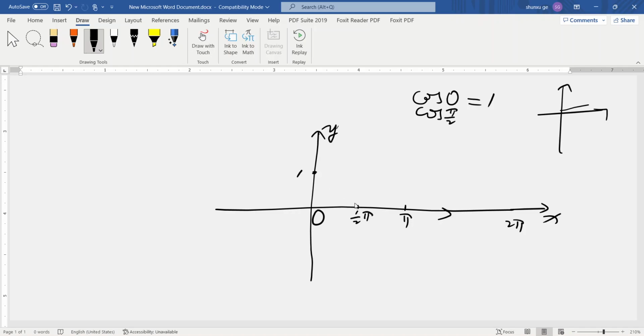Start from 1, but here is 0. And pi, cosine pi equals here, negative 1.